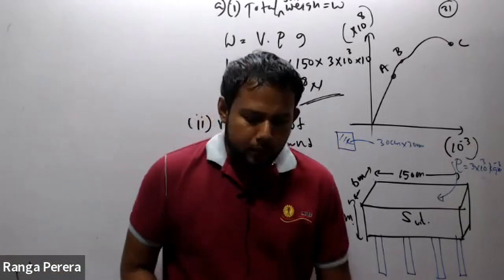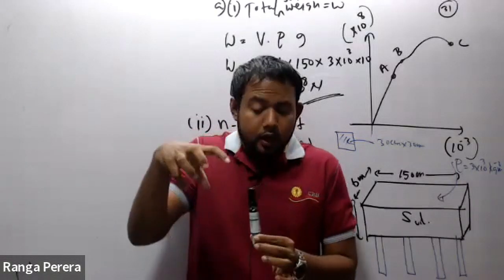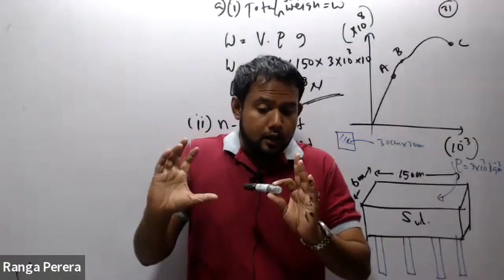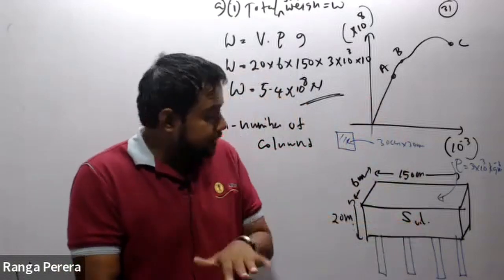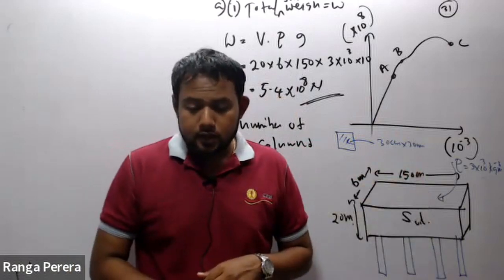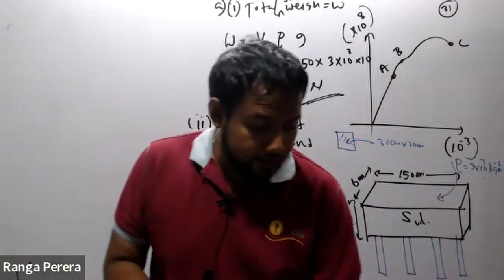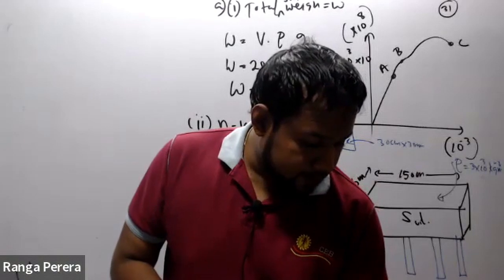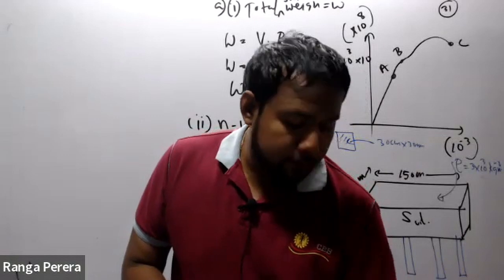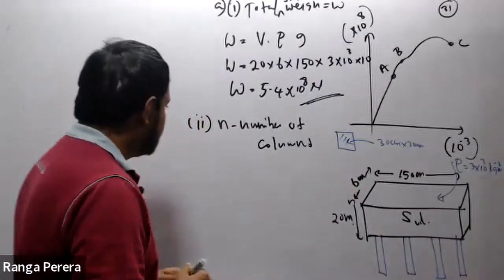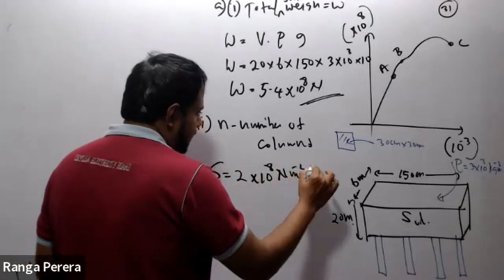Actually, what needs to be done, let's say we have n number of columns, those columns must withstand this particular weight, right? The compressive stress on each column must be 2 × 10^8 Newton per meter square. It has to be there.